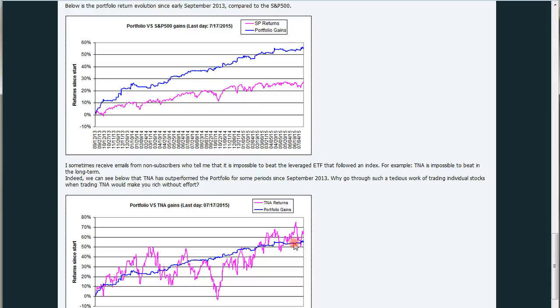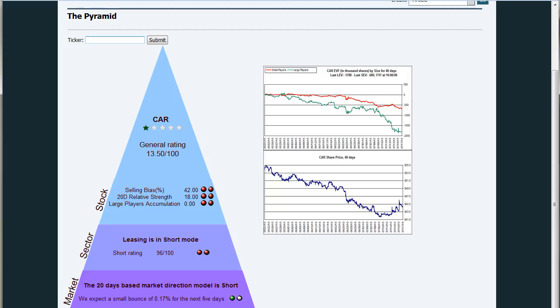Something else that I want to show you is the last trading accident that I had on Friday. Okay, let's go back. On Friday I was short this stock, which is a European rental car company, Avis Budget Rent-A-Car. You can see that it had very negative figures.